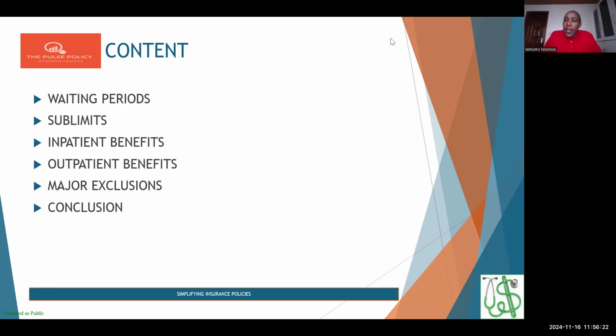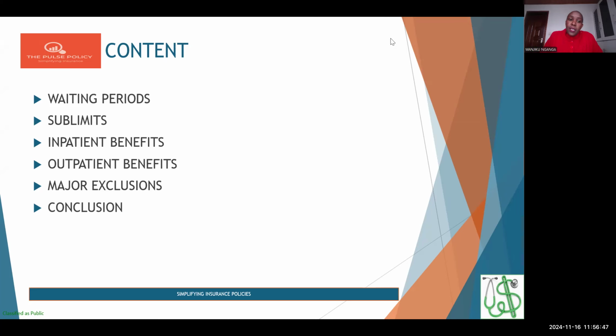Today, we're going to look at the waiting periods, or what do we mean by waiting periods? This mostly applies to people who are planning to purchase medical insurance, or people who get late to renew their policies. You need to understand what waiting periods are. Sublimits apply across to all people who have medical insurance, whether private or even the public policy.